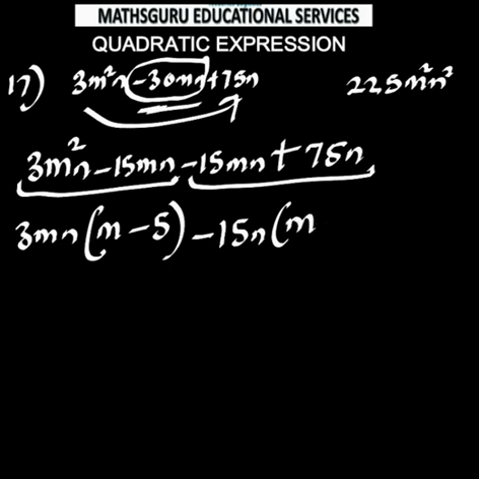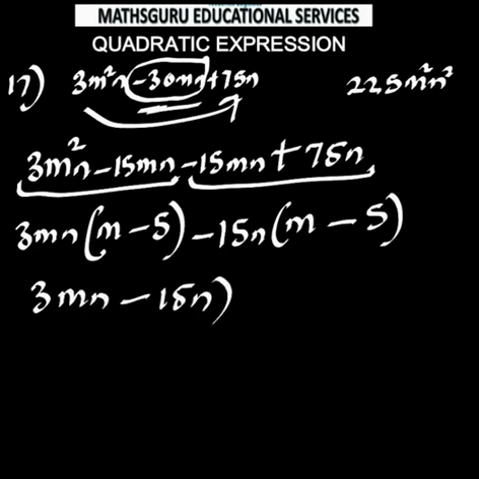Positive by negative will give us negative. 75n divided by 15n will give us 5. All right, so we can bring those ones outside, the factors outside, the terms outside, sorry. 3mn minus 15n, close our bracket, then pick any one in the bracket, m minus 5.